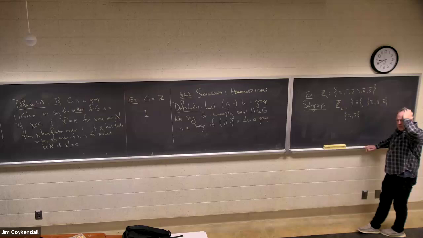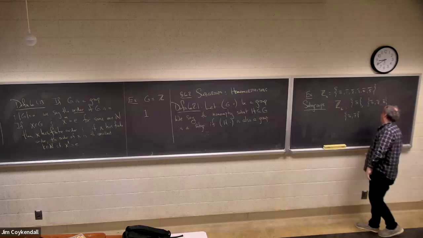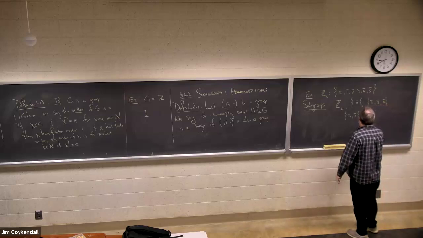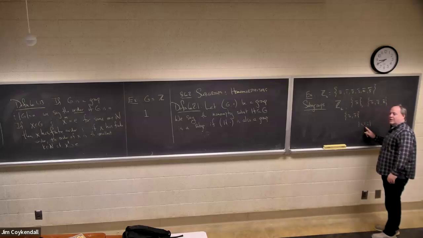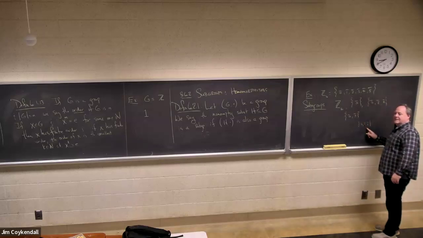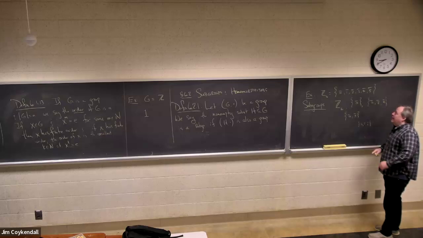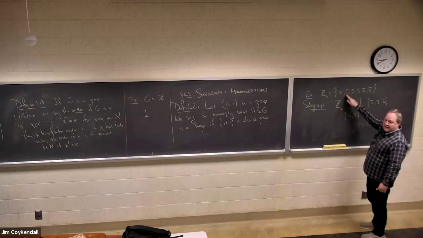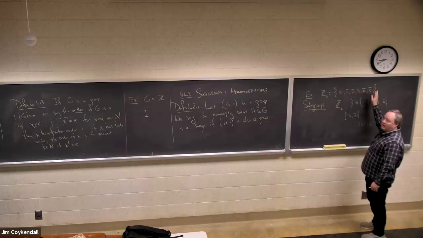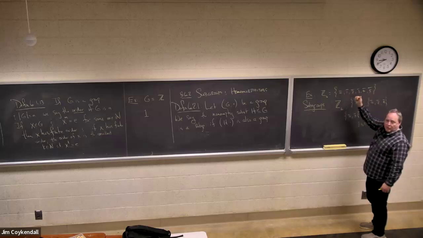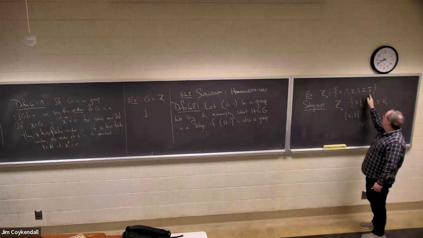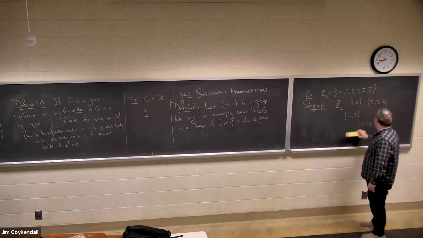Are there any more? 0, 1, 5. If you've got one, what else do you have to have? You need that. Right. In fact, if you pick up one in any subgroup, you automatically get all the rest of it, right? So once you've got one, you need 1 plus 1, then you need 1 plus 1 plus 1, and so on. The same thing happens with 5, right?